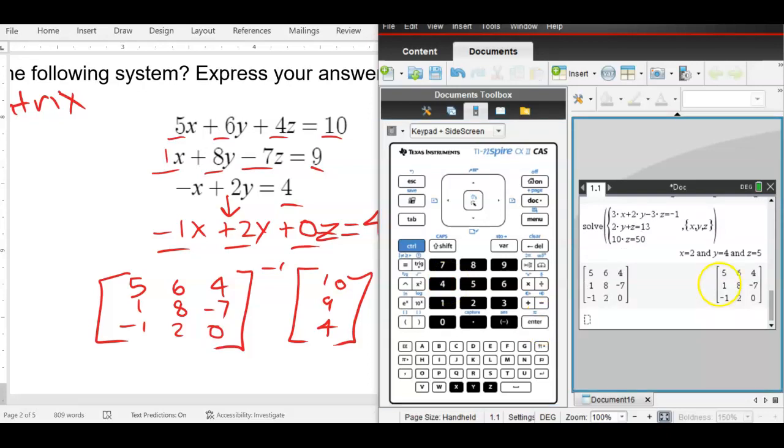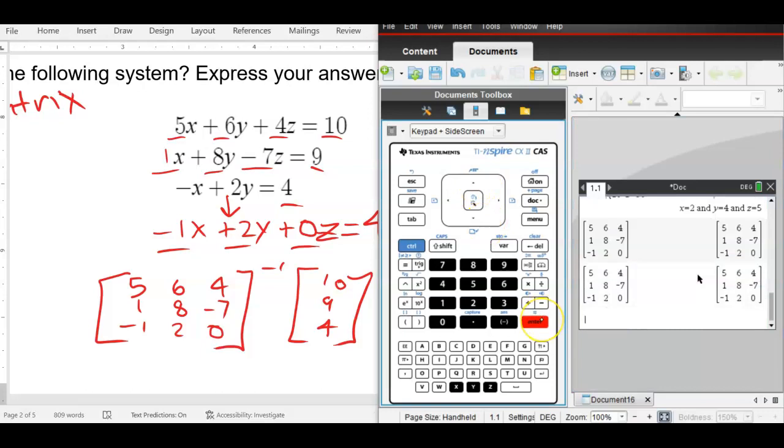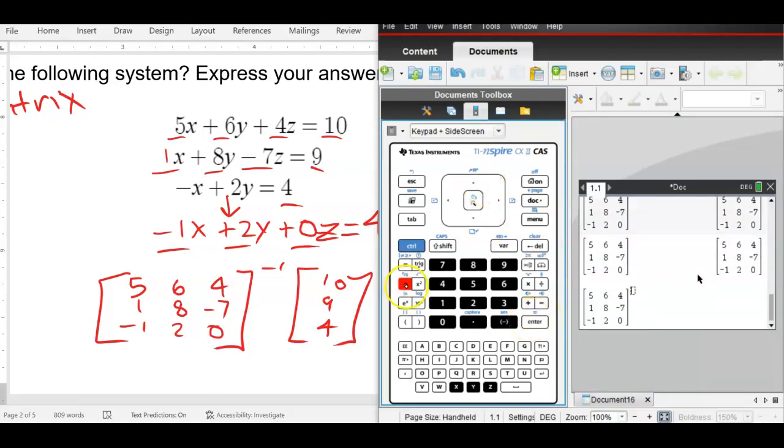That's not what I wanted. Okay, caret -1, go to the right, menu 7, 11, 3 tab 1, and then 10, 9, 4.